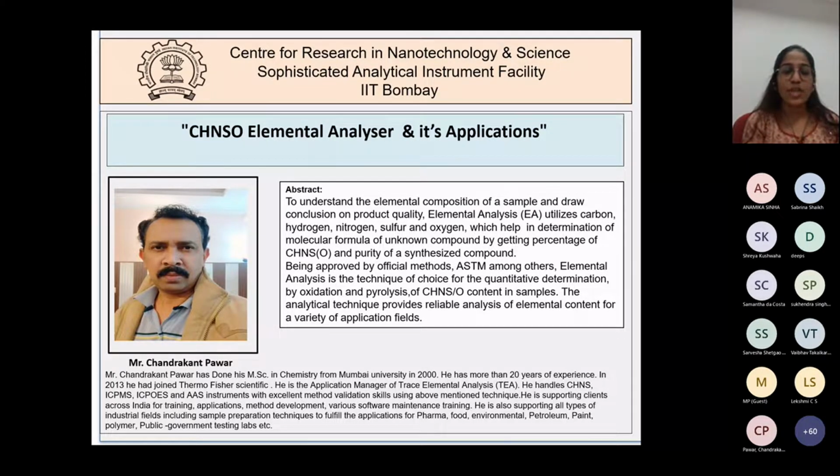He handles CHNS, ICP-MS, ICP-OES, and AAS instruments with excellent method validation skills using the above mentioned techniques. He is supporting clients across India for training, applications, method development, and various software maintenance training. He is also supporting various industrial fields, including some sample preparation techniques to fulfill the applications for pharma, food, environmental, petroleum, paint, polymer, public government, testing labs, etc.